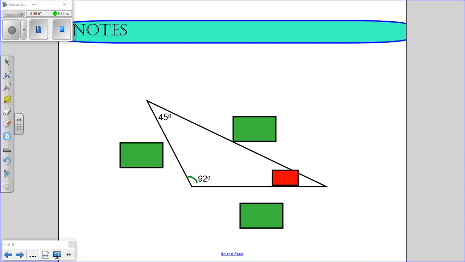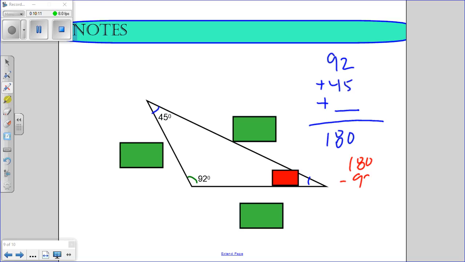We have a 92 and we have a 45. 92 plus 45 plus this third one over here that I don't know has to equal 180. So if I take the reverse of that, I take 180 minus our 92 minus the 45, whatever I get, which will end up being 43, is going to be this angle.